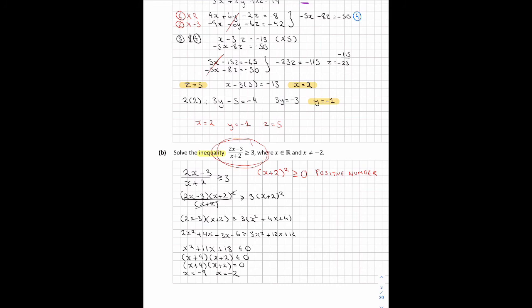Now if I draw out the number line down here, we have a minus 9 here and a minus 2 here. We need to know if we're looking at the region in between minus 9 and minus 2, or if instead we're looking at the region either side. How we know that is we take a test value.